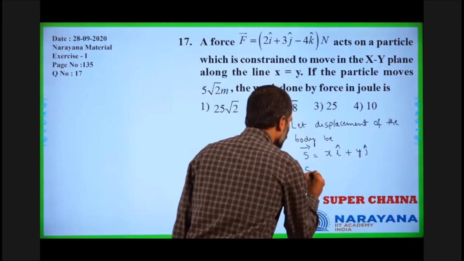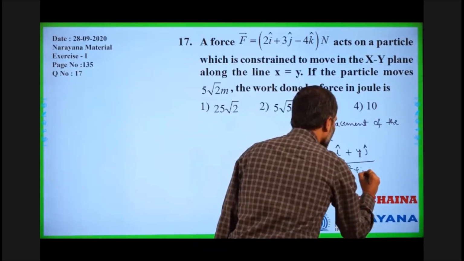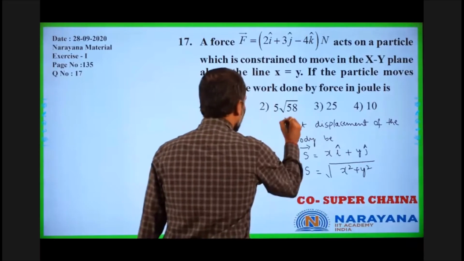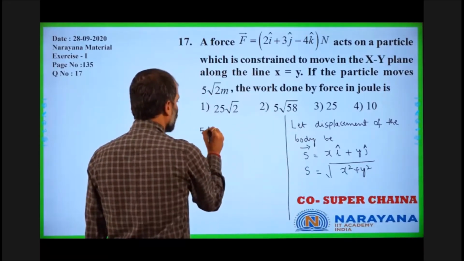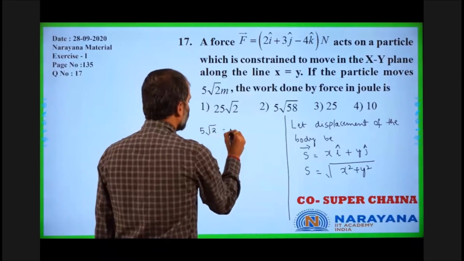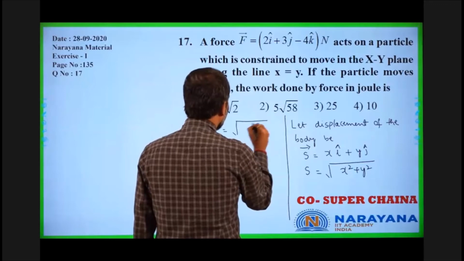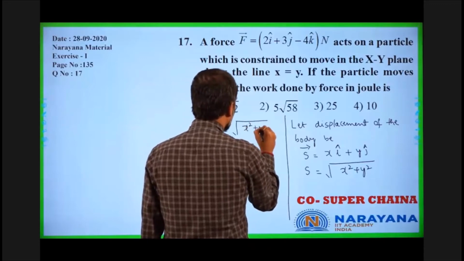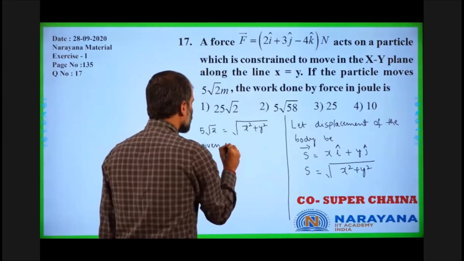The magnitude S is equal to the square root of x square plus y square. As per the problem, the displacement is given to be 5√2, which is equal to the square root of x square plus y square. But it is given that x is equal to y.